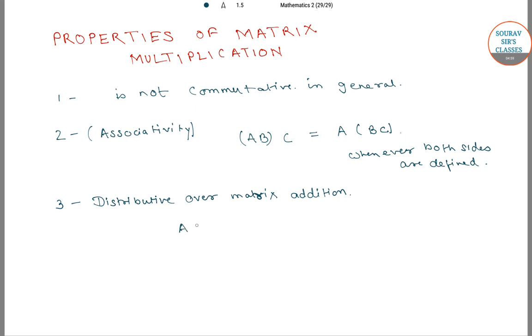That is, A into (B plus C) is equal to AB plus AC, and (A plus B) into C is also equal to AC plus BC, whenever both the sides of equality are defined.